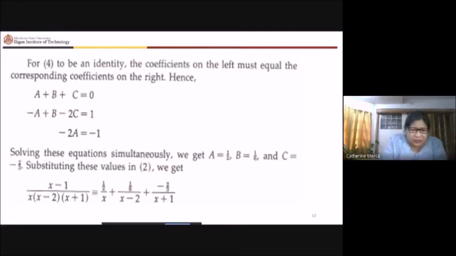Substituting these values in 2, we now get the following. x minus 1 over x times x minus 2 times x plus 1 equals, this is our A, right? 1/2 over x plus, this is our B, which is 1/6 over x minus 2, plus negative 2/3, this is our C, over x plus 1. And kani siya pwede na ni ma-integrate.